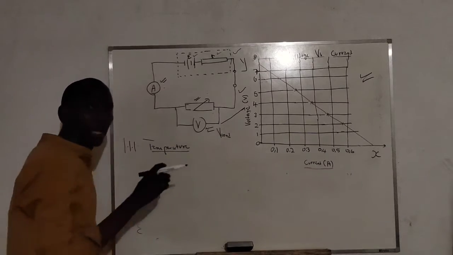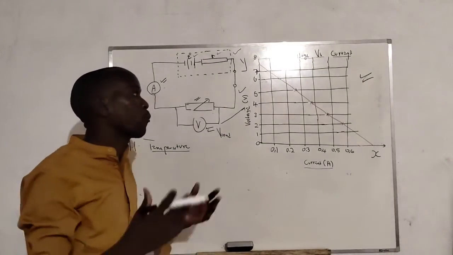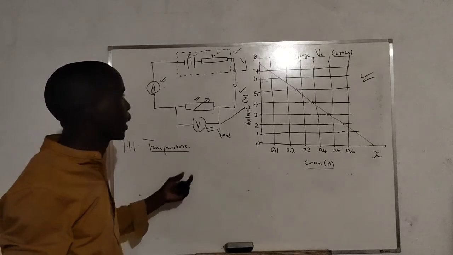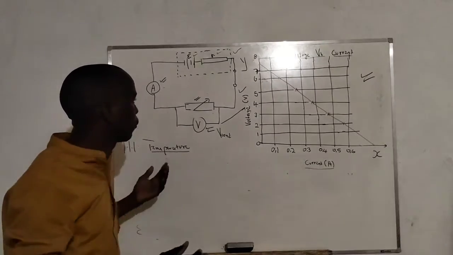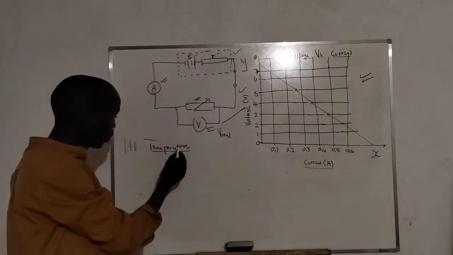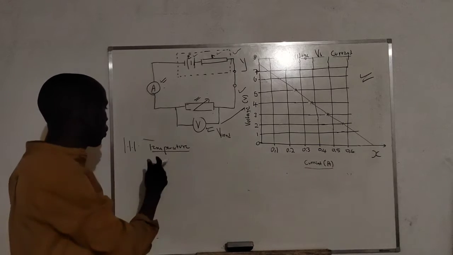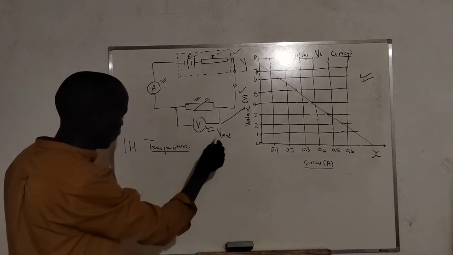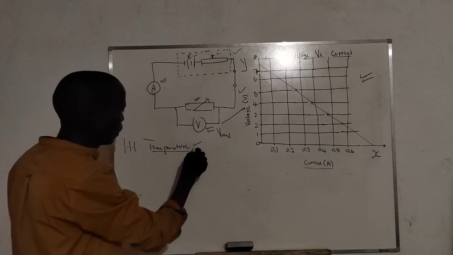Temperature must be kept constant. From the definition of Ohm's law, if we want current to be directly proportional to the voltage, we have to keep the temperature constant.